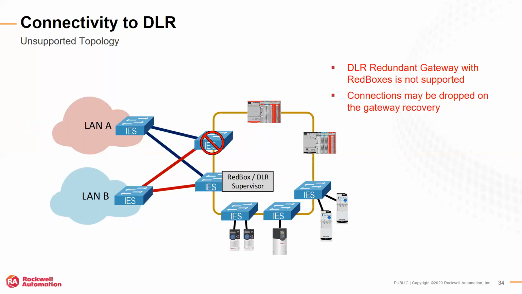The main reason for that is in a setup like this, we would typically encounter high convergence times between the primary and secondary redundant gateways. And so at this time, we're not recommending this type of network. That's also listed in the documentation as something that we don't recommend doing.